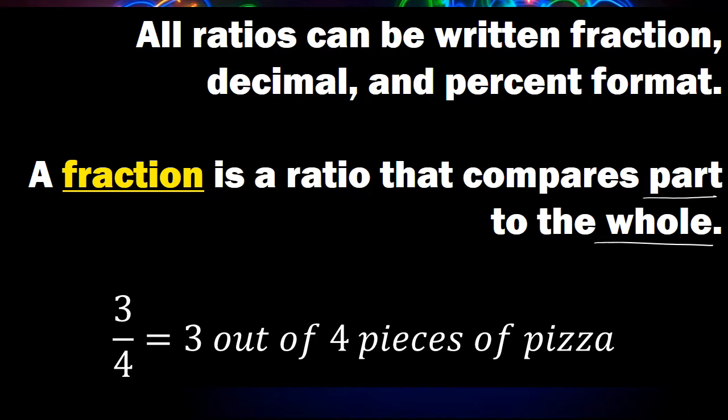So 3/4 we can write as 3 out of 4 pizzas. If we write all three notations, our fraction is 3/4. If we use the colon, it'll be 3:4. Or if we use the word "to", we can write 3 to 4.